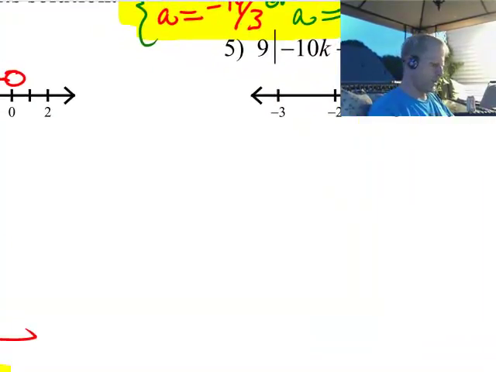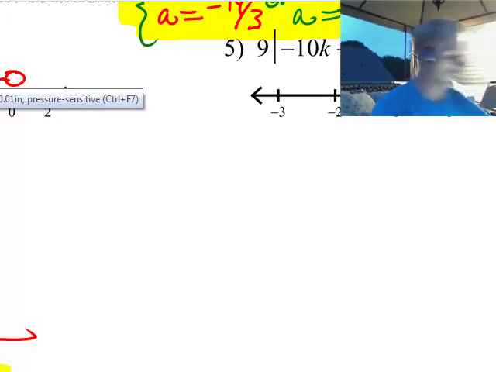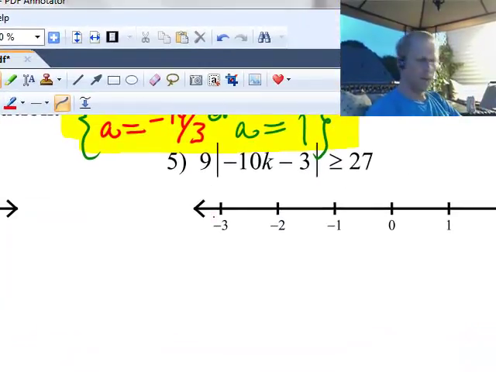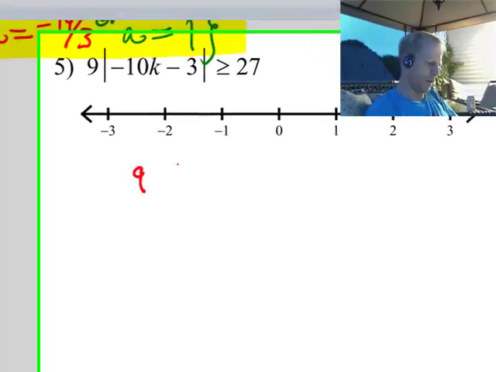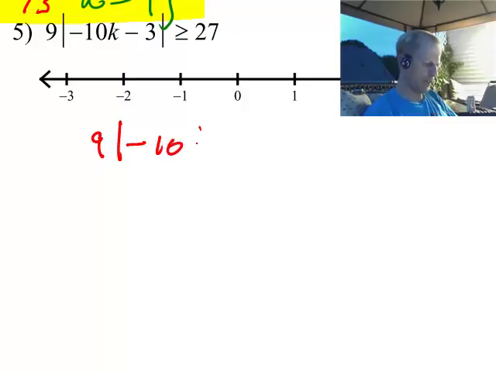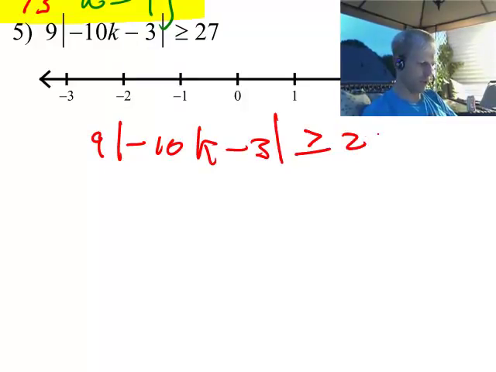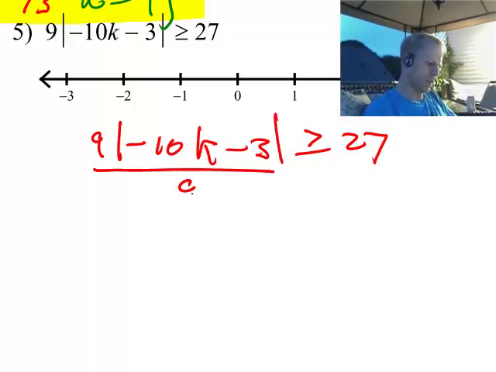Okay, and finally I have a greater than or equal to absolute value inequality. These you always solve by converting into an OR compound inequality. But before I do that, I have to isolate the absolute value expression on the left side of the equation. So let me divide by 9.